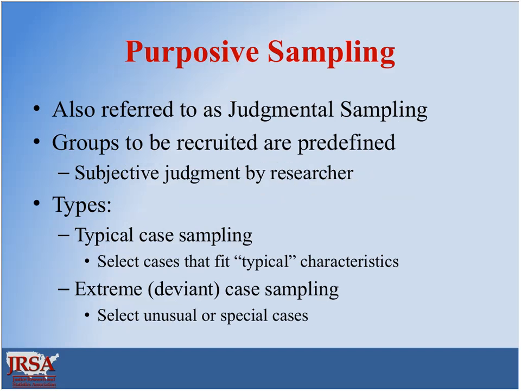Purposive sampling, also referred to as judgmental sampling, usually entails having one or more specifically predefined groups in mind for recruitment. Purposive sampling relies on the judgment of the researcher when selecting the units to be studied, and usually the sample size is quite small.